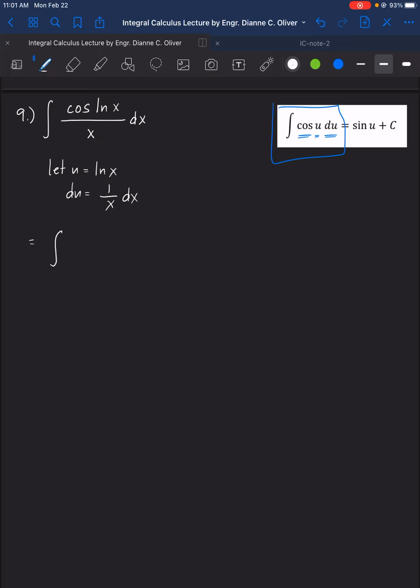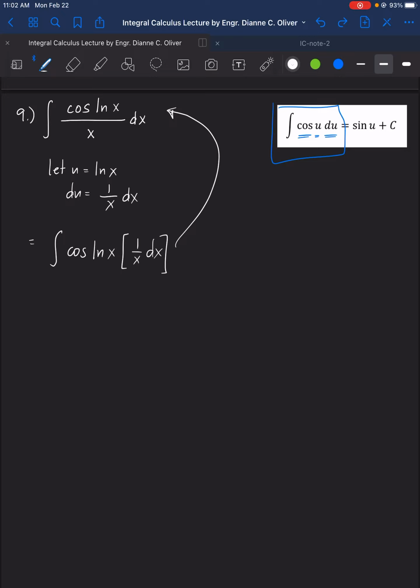So integral of cosine, the u, which is ln x, and the du is 1 over x dx. Is this still the same as the given? Yes. So cosine ln x, and the x and the dx portion is actually 1 over x dx. So they're still the same.